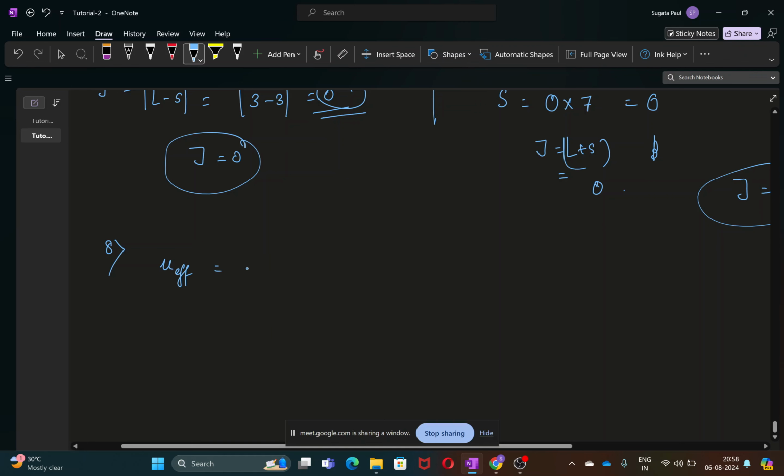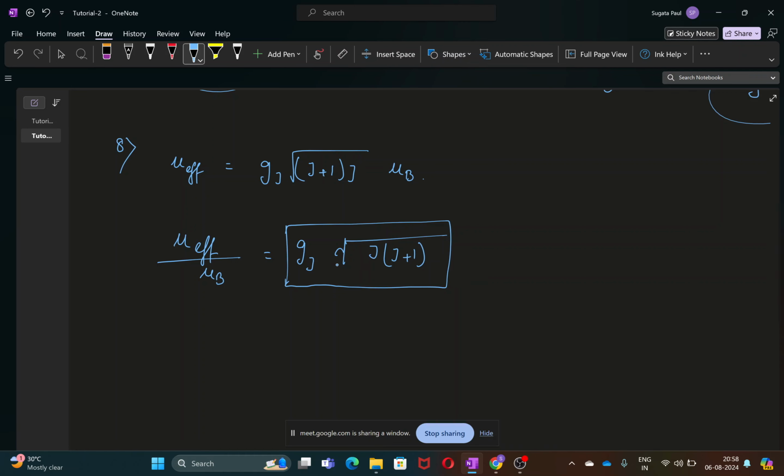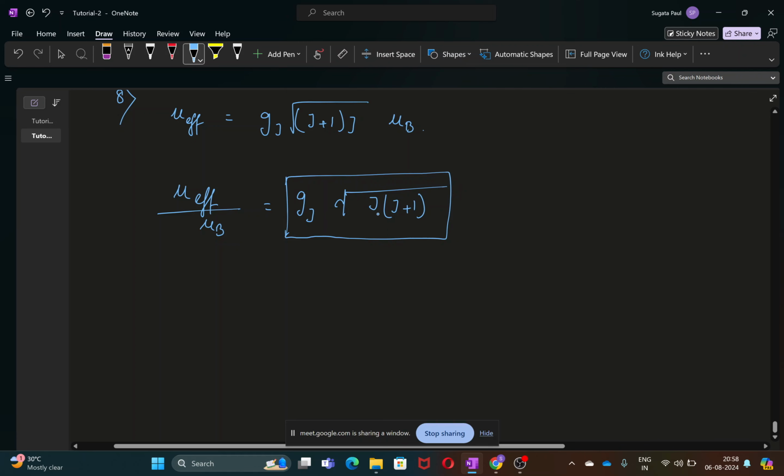Mu effective is the effective magnetic moment, which is Gj into the square root of J into J plus 1, into mu B. This is a well-known expression. You can find the derivation in the lectures. So mu effective by mu B is nothing but Gj into root over J into J plus 1. This is what you have to calculate. For that you have to know the values of Gj and J. Gj is your Landé G factor and J is your total angular momentum number.